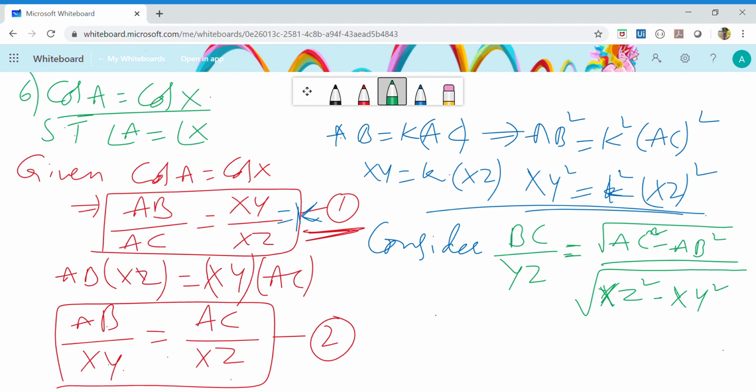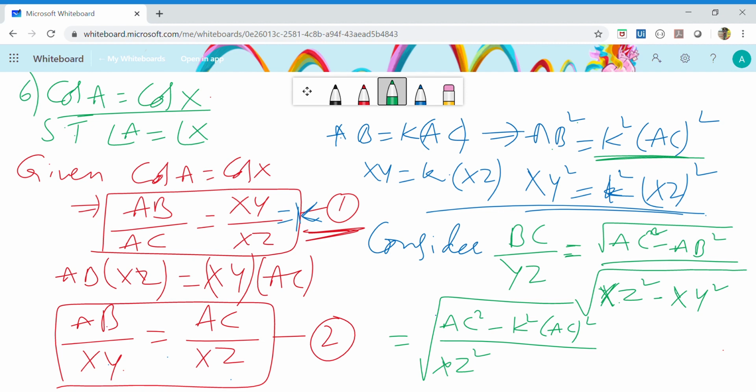Already proved here, AB square can be replaced by K square AC square. So under root of AC square minus K square of AC square, by the denominator XZ square, keep it like that only. And from this equation, XY square is equal to K square XZ square.